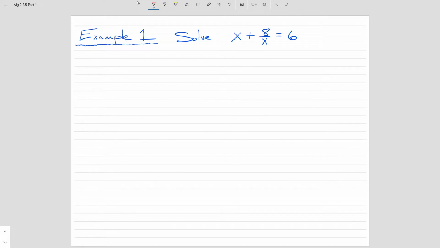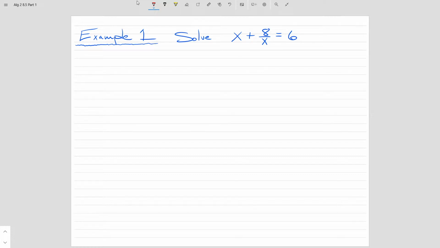So, first example, we've got x plus 8 over x equal to 6. And there are absolutely different ways to solve this. Now, the way that I'm going to recommend is that we basically try to remove the fractions out of the problem to solve it. I've found over the years that that is generally the most well understood method of doing these.